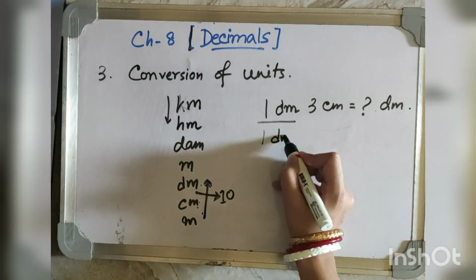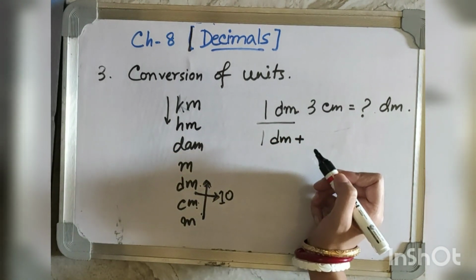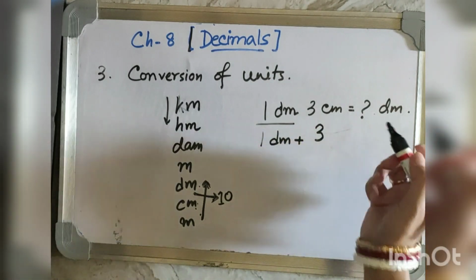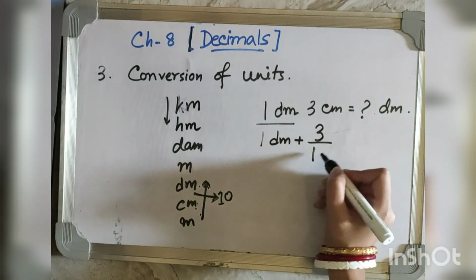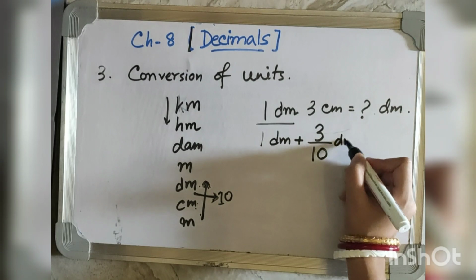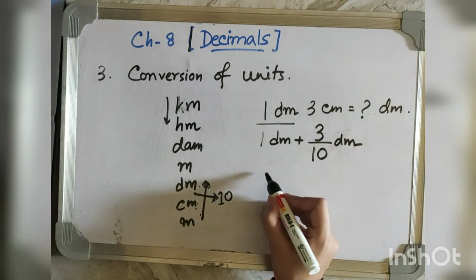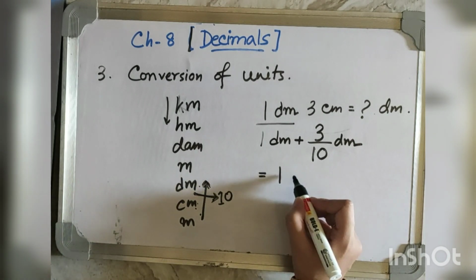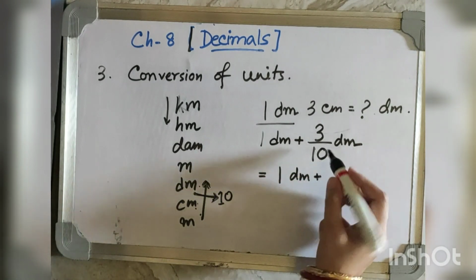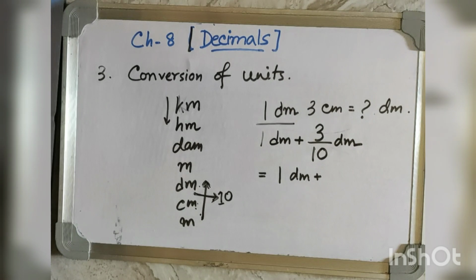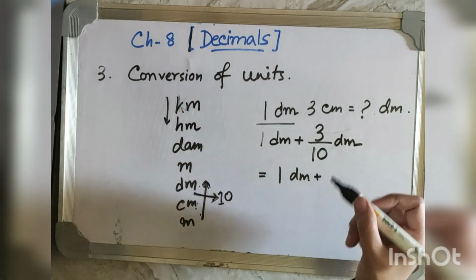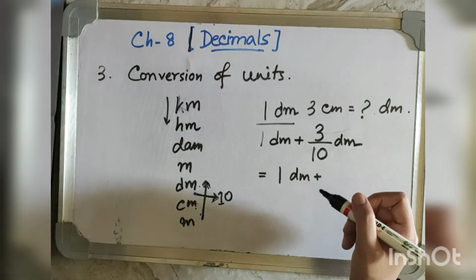So decimeter is already given. So we can write 1 decimeter plus, for 3 centimeter we will divide this 3 centimeter by 10 for converting it to decimeter. Now how to write? 1 decimeter plus, for this we will convert it to the decimal, and 3 by 10 means 3 tenths.